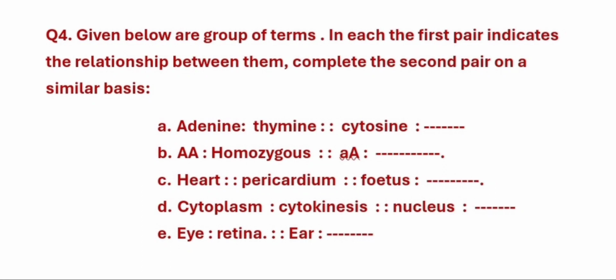Then we will move on to more such sets of questions where you again have 5 different subparts to complete. Here, you are first given a pair of adenine with thymine. Then you have to find out what matches best with cytosine. And the last one is: eye is to retina, so ear is to what.